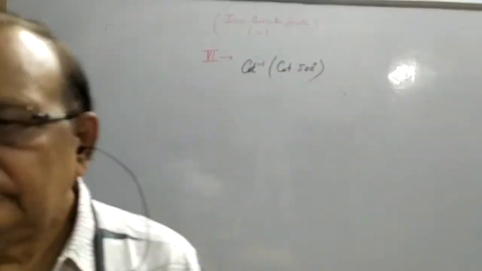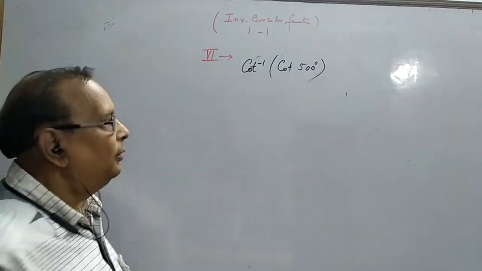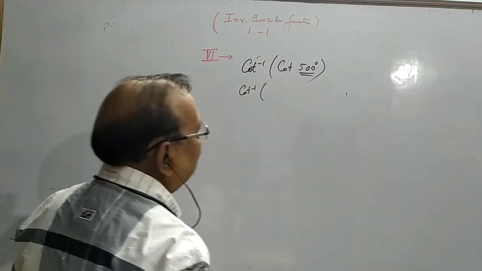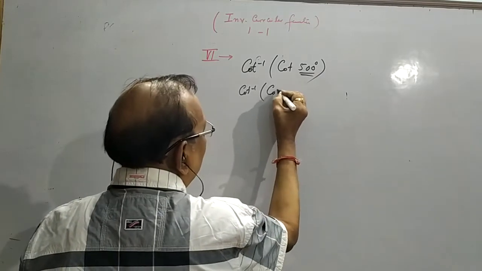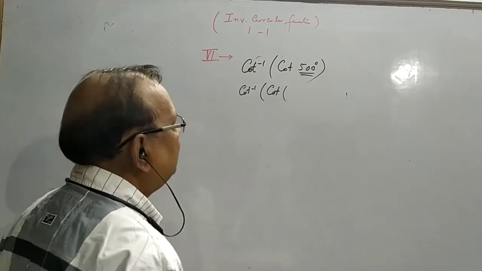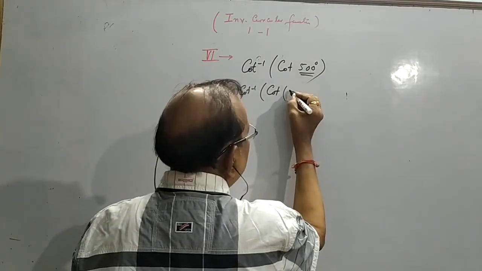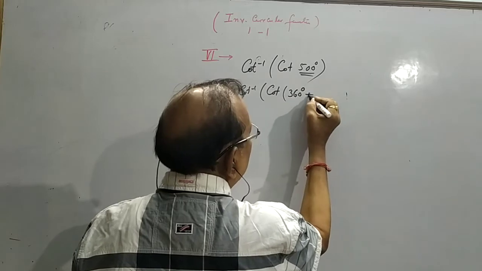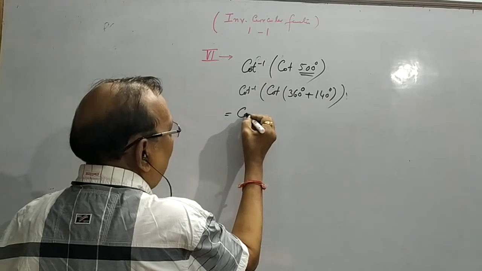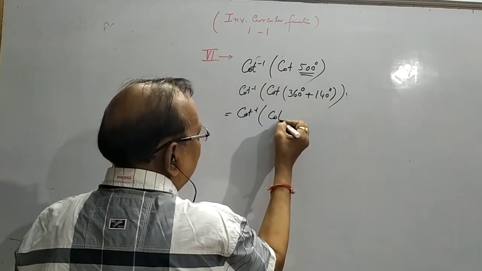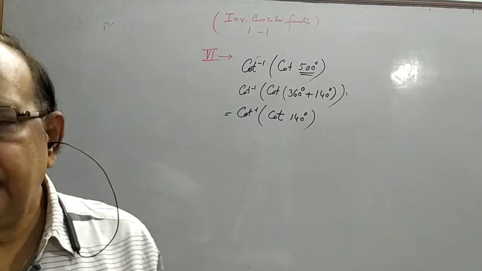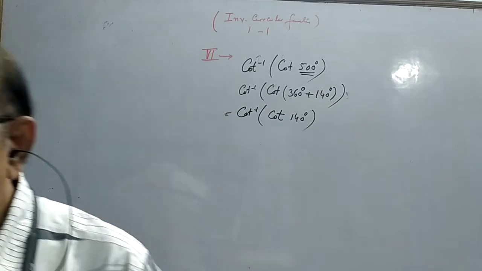First of all, we have to convert this angle between 0 and 360 degree, that is 360 plus 140 degree. Cot inverse cot 140 degree, as cot (theta plus 2 pi) is equal to cot theta.